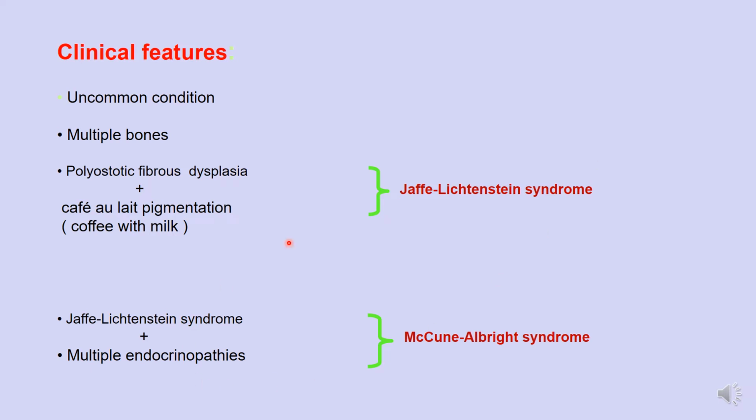When you see features of Jaffe-Lichtenstein syndrome, plus there are multiple endocrinopathies, then it is described as McCune-Albright syndrome. So this is how polyostotic fibrous dysplasia, Jaffe-Lichtenstein syndrome, and McCune-Albright syndrome are identified.